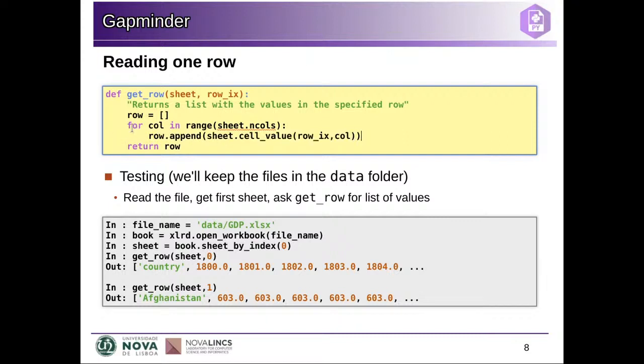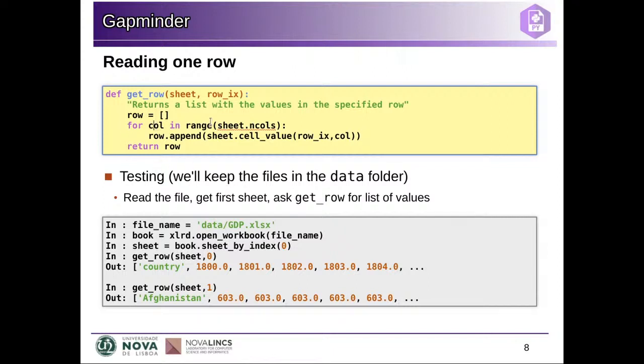So to do this, we're going to create a loop that ranges from 0 and gives us as many indexes as the number of columns that we have in our spreadsheet. This can be determined by this ncols attribute of the spreadsheet object, so you can easily check how many columns have values in your spreadsheet.